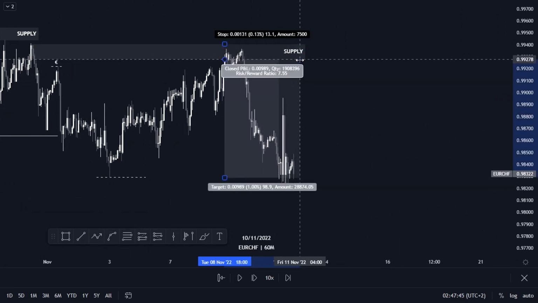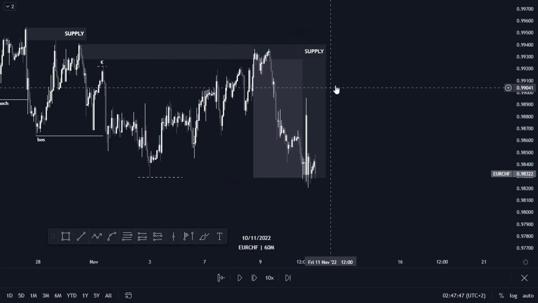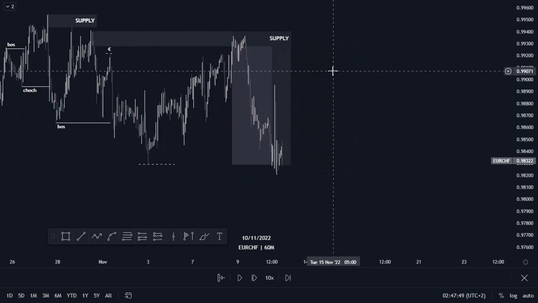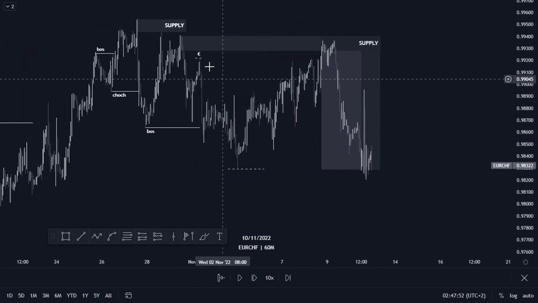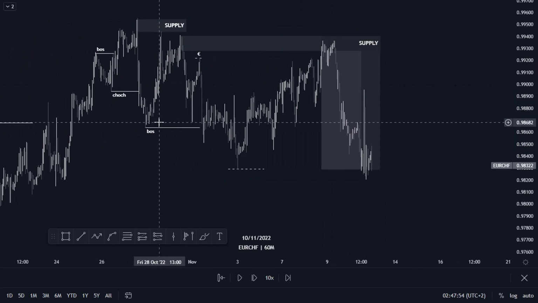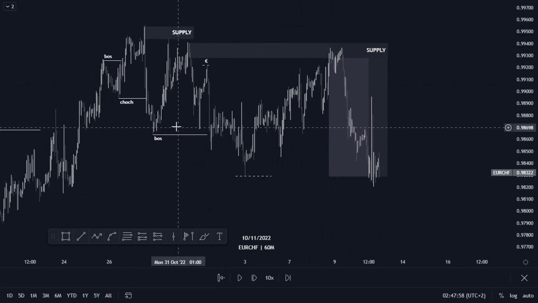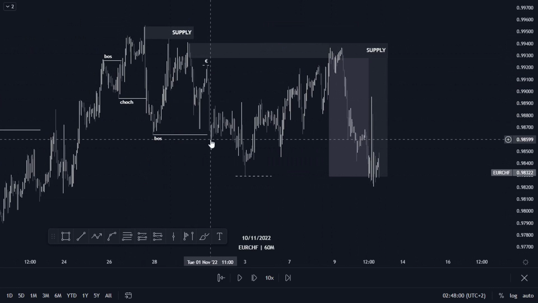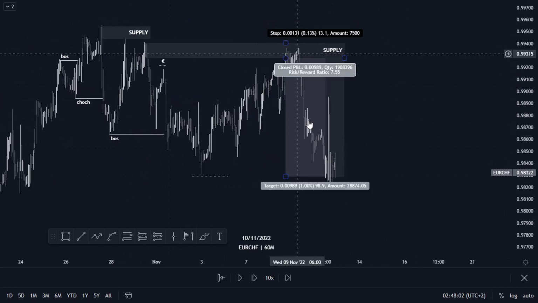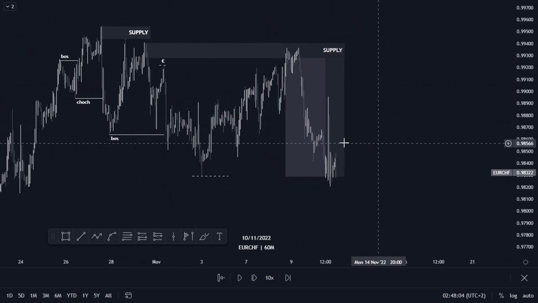So as you can see, if you took this trade here, you have won. If you took this trade, you would have passed your phase 1, and if you took this trade 2, you have passed your phase 2.